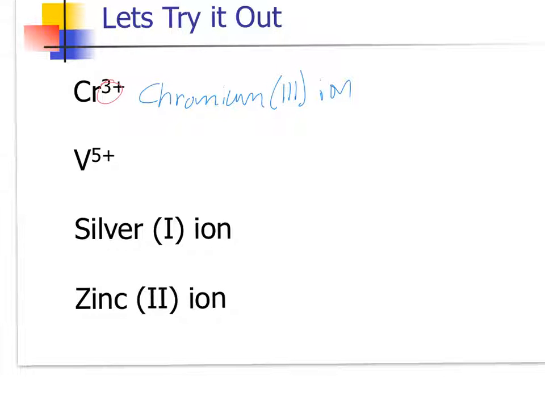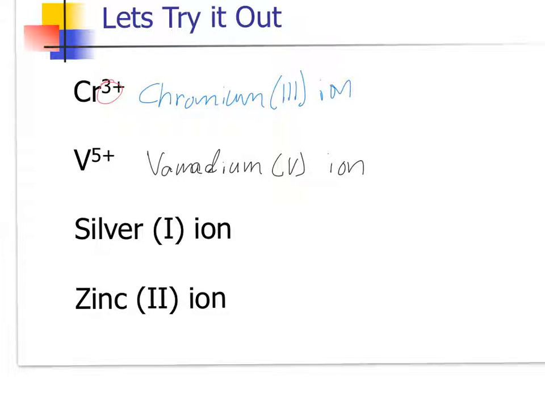Vanadium is for V, so writing's bad. Vanadium 5. Now I don't write the number 5, I write the Roman numeral 5. Ion.